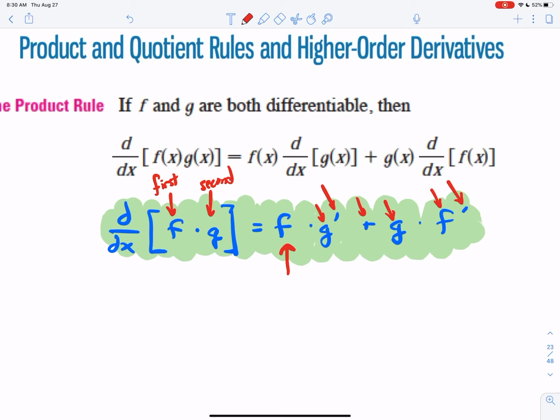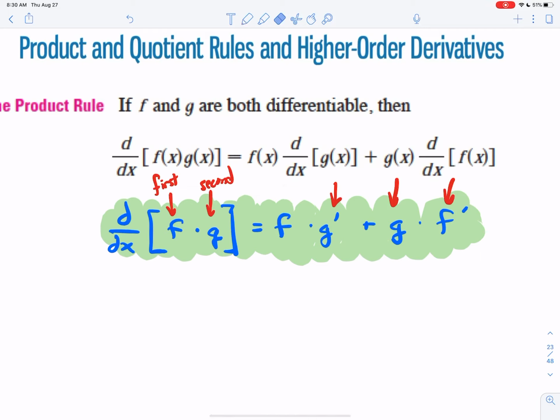It's the first times the derivative of the second plus the second times the derivative of the first. It's like they're taking turns in terms of who's going to have the derivative, right? So notice how at the beginning, it's just the first, and then the second one gets the derivative, and then plus the second one, now the first one gets the derivative, okay?